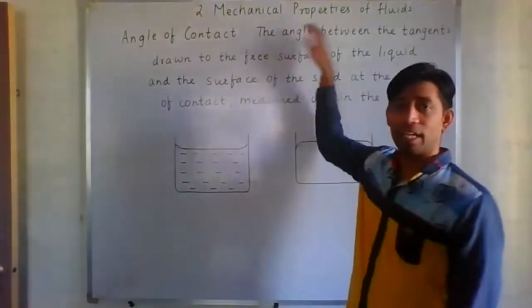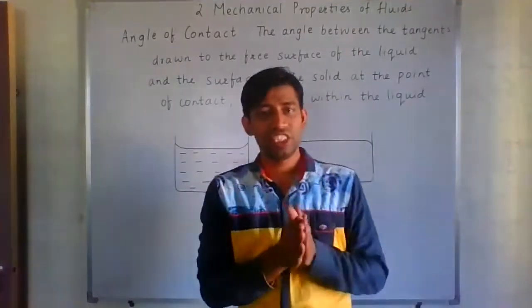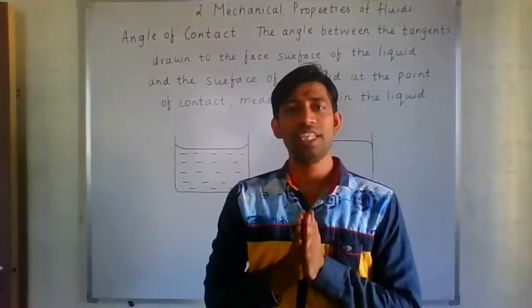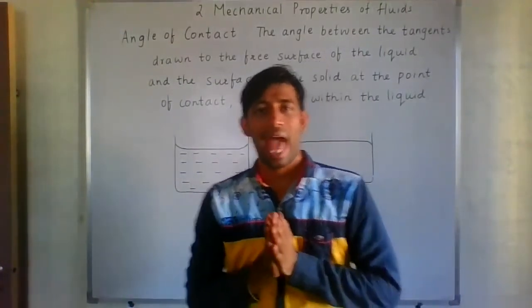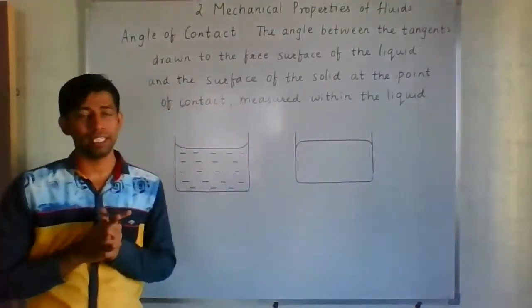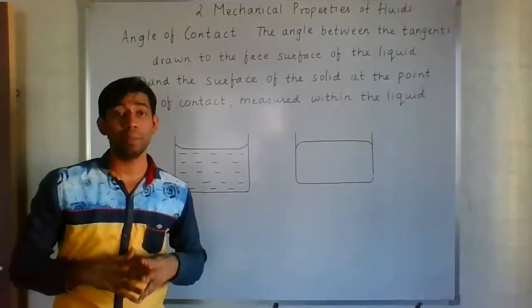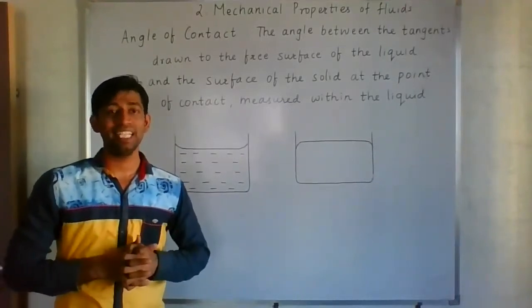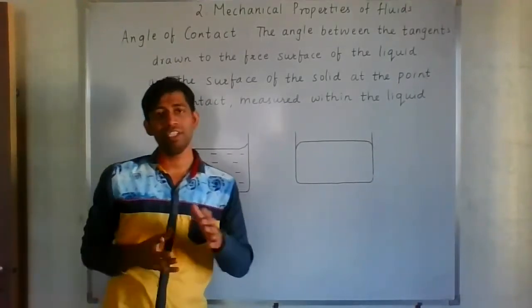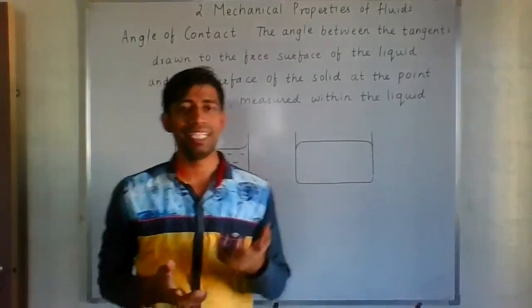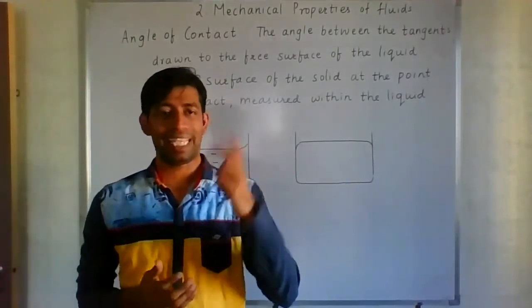It is the angle between the tangents drawn to the free surface of the liquid and the surface of the solid at the point of contact, and it should be measured inside the liquid. So when we talk of angle, obviously it is angle between two lines.